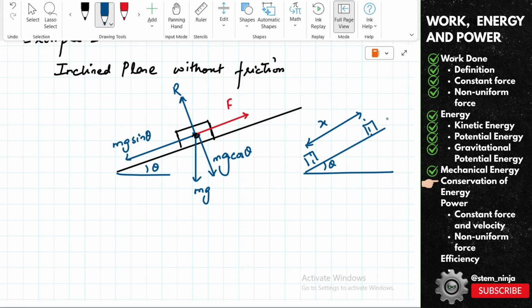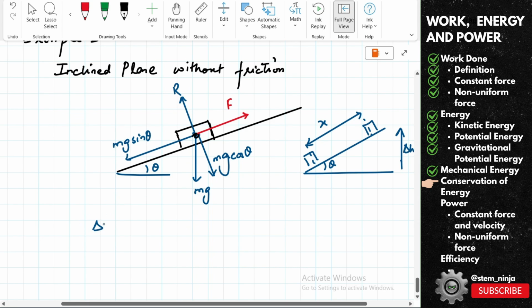And we want to figure out the kinetic and potential energy. Since obviously it's going upwards, there's a change in height that we need to figure out. So the change in height will come from trigonometry: x sine theta.